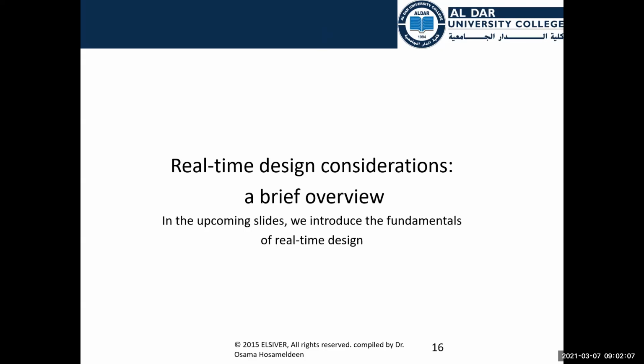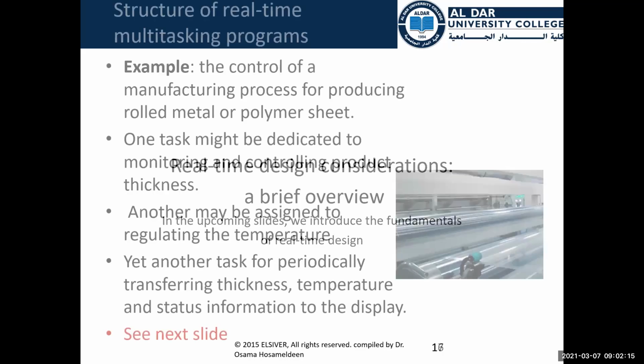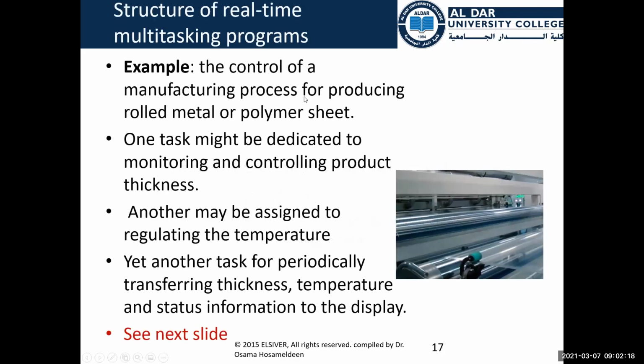For the next section, we'll talk about the real-time design considerations: the structure of real-time multitasking programs, how the CPU is doing multitasking. For example, here in the image, we have a factory manufacturing or producing rolled metal or polymer sheet, like plastic sheet.